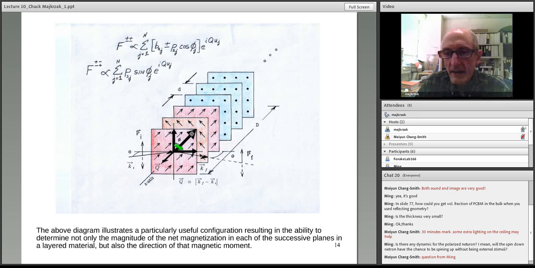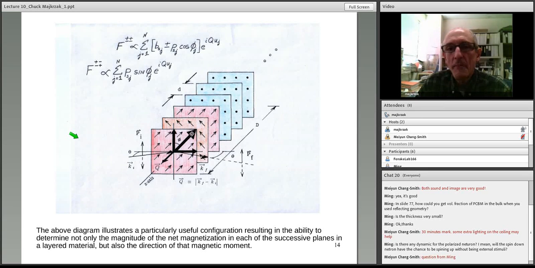Okay, I see that there's a question from Ming. Is there any dynamic for the polarized neutron? I mean, will the spin down neutron have the chance to be spinning up without seeing external stimuli? Well, it turns out, I'll try to answer the question this way, that if you remove the magnetic field, there is no difference between spin up and spin down.